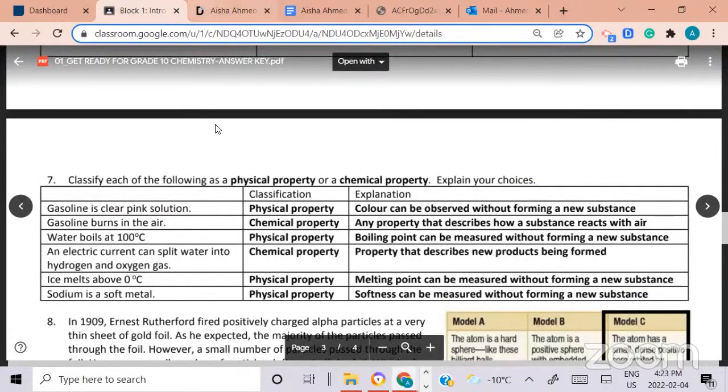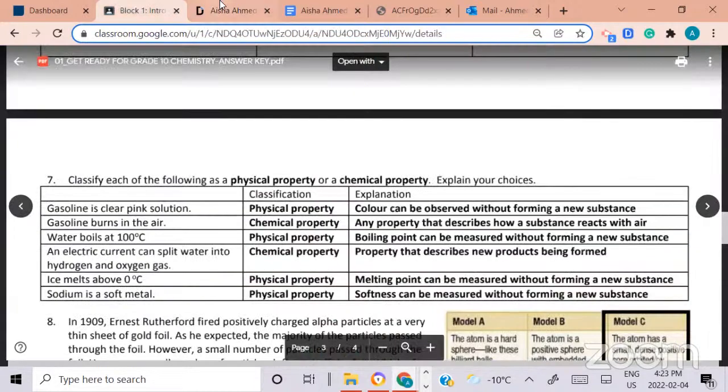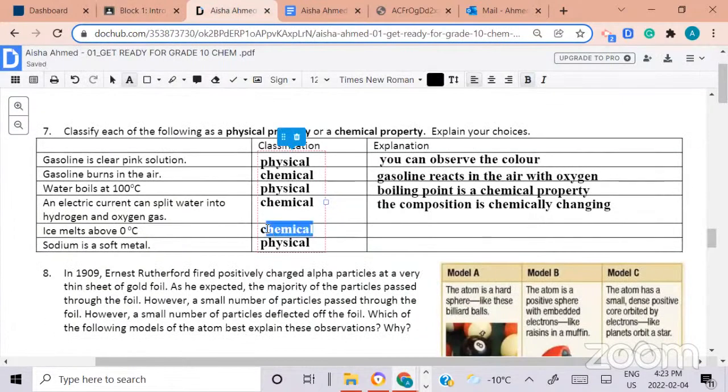Physical, chemical, physical, chemical. This one's physical. Okay, so maybe they're not talking about the actual boiling point, but just the fact that it's changing phase. This is also physical.